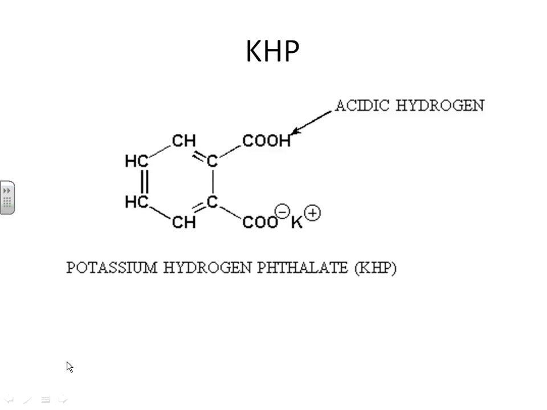What I will tell you, what is an important piece of information about the KHP, is the fact that it has an acidic hydrogen, and it only has one. All the other H's that are on the KHP are not acidic, meaning that the bond between them and carbon, because they're all bonded to other carbons, it will not break. Those hydrogens will not be donated. So there's only one acidic hydrogen.